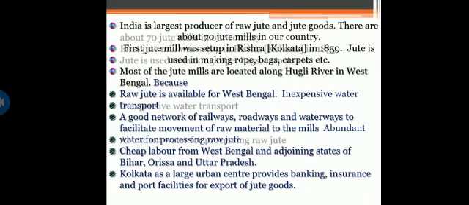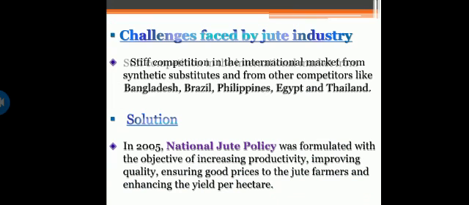Water is the main concern over here, because to manufacture jute, water is required. So water is generally brought from the Hooghly River. Also cheap labor from West Bengal and adjoining states of Bihar, Odisha and Uttar Pradesh. Kolkata as a large urban center provides banking, insurance and port facilities for export of jute goods.